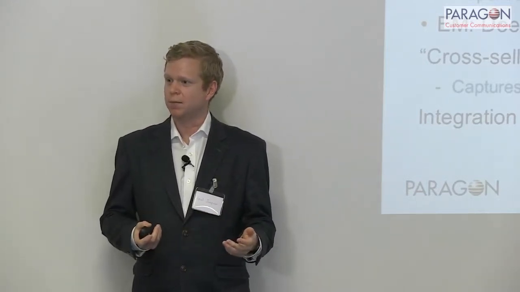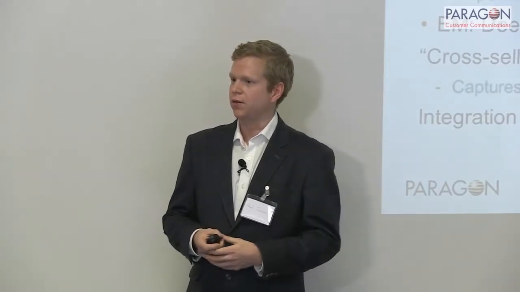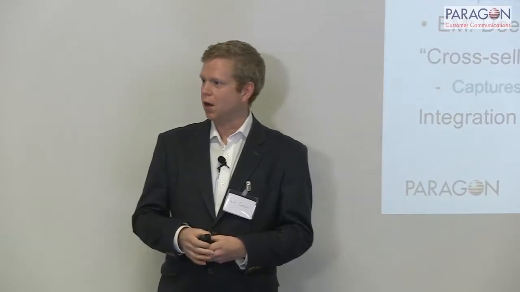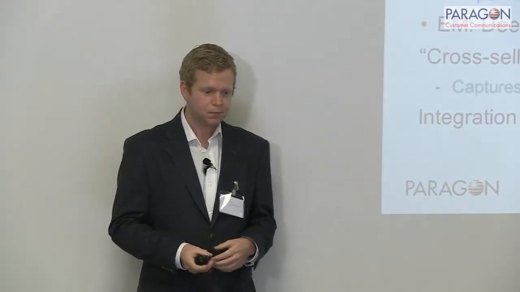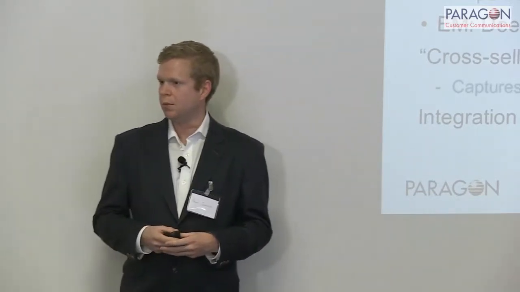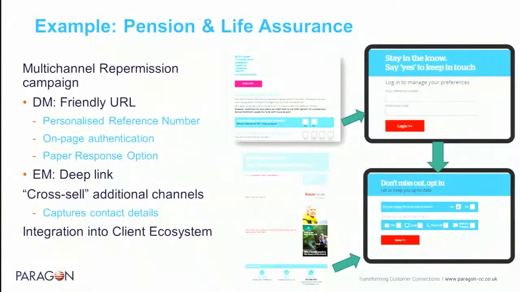And on that communication is also their reference number to act as a verification so that they are who they say they are when they're visiting that website, so that they can then update their details. Not only is it through a website, as we're showing here, but we're also capturing offline responses. So it's sent back to our response centre up in Jarrow, and then it's manually captured.